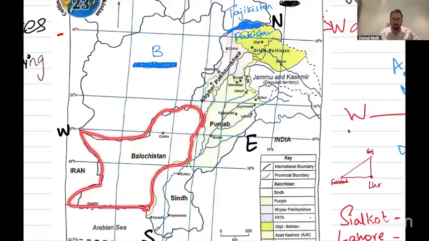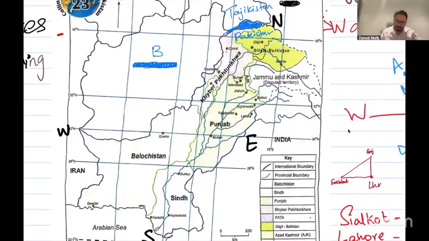This whole area is what? It's west and southwest. Okay? Then we have similarly Sindh. Sindh is going to be, as you can see, south and southeast. Okay?